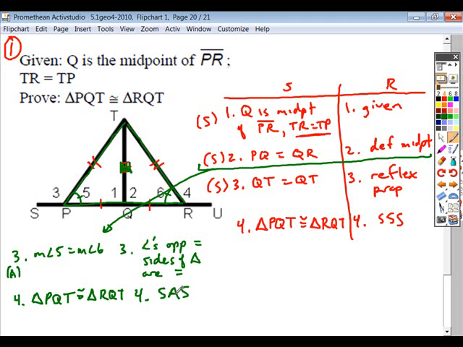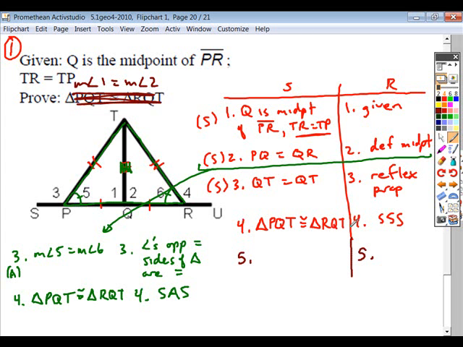And now let's say in this problem, instead of asking to prove this, what if I had asked to prove that measure of angle 1 is equal to measure of angle 2? Okay, one of the additional things that you're going to work with beyond congruence of triangles is once you identify the congruence of triangles, what do you know about all corresponding parts of those triangles?